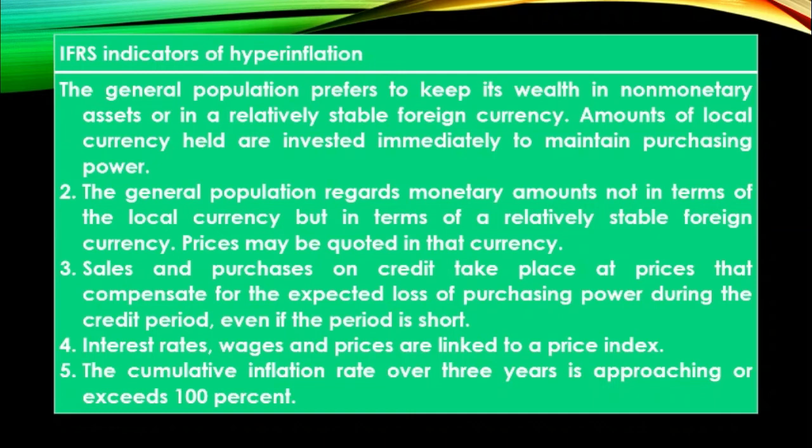Prices may be quoted in that currency. Third, sales and purchases on credit take place at prices that compensate for the expected loss of purchasing power during the credit period, even if the period is short. Fourth, interest rates, wages, and prices are linked to a price index. Fifth, the cumulative inflation rate over 3 years approaches or exceeds 100%.